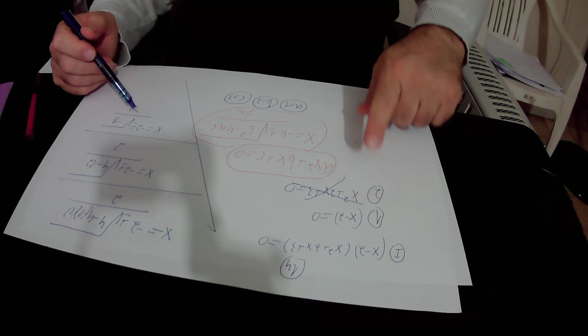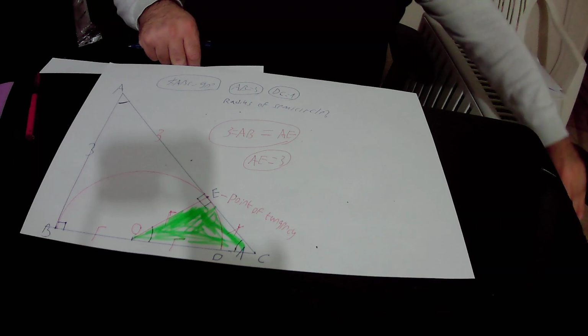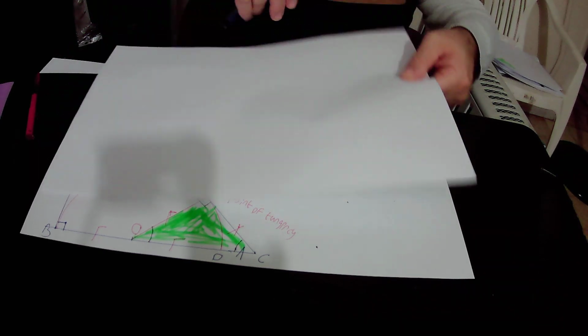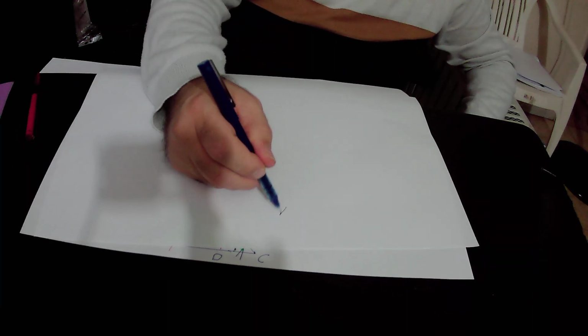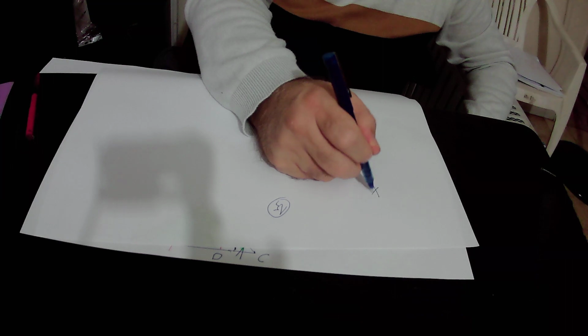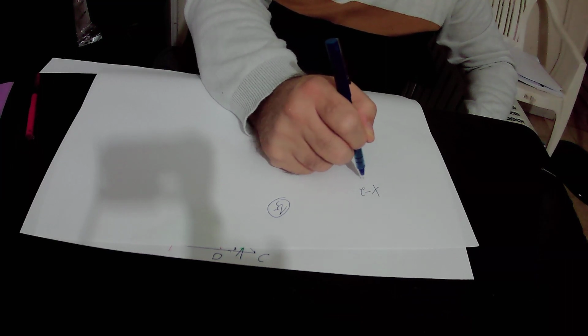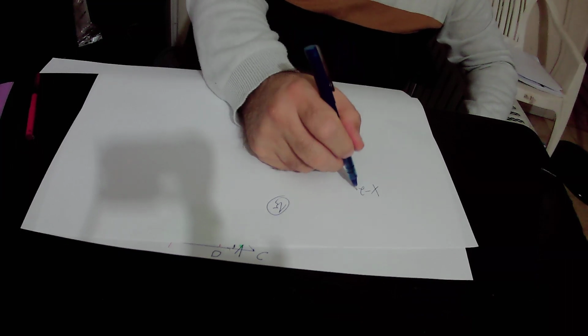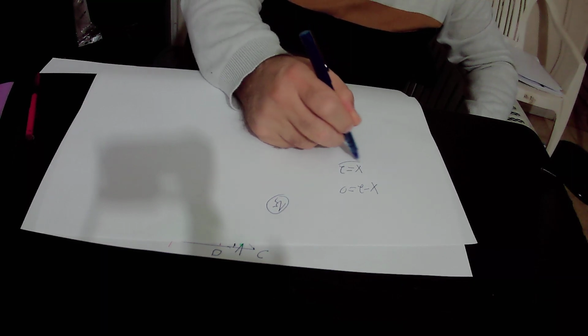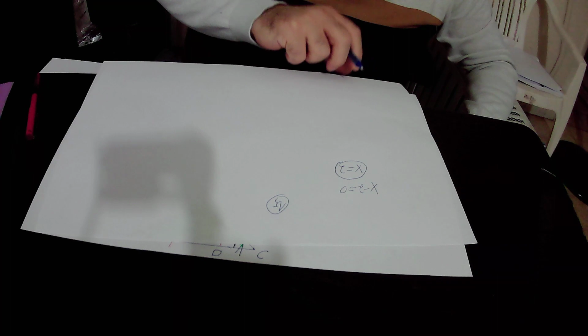So if x minus 2 equals 0, then x equals 2. We found out that x equals 2.